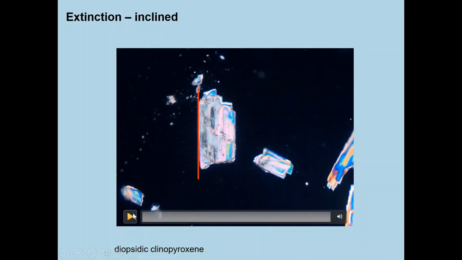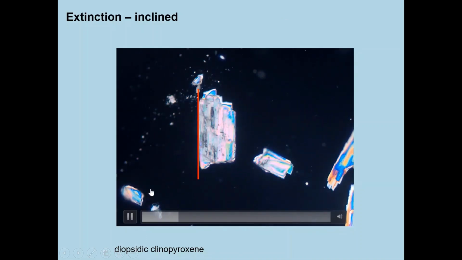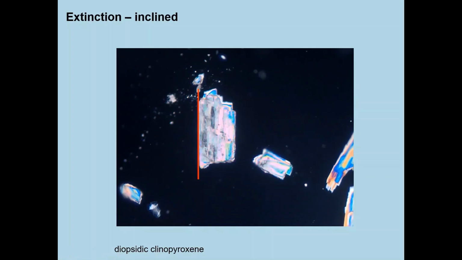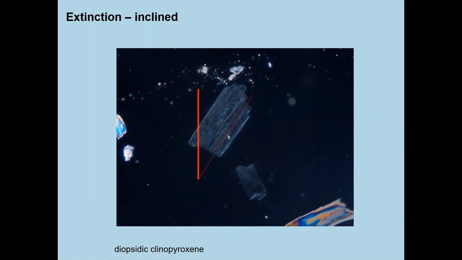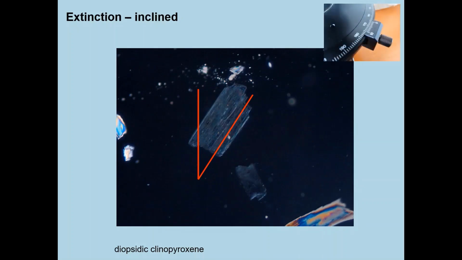Instead, the mineral has an extinction position oriented in a certain angle to the north-south axis. This is called an inclined extinction. You can read the extinction angle using the nonius, which should be attached to your microscope table. In this grain, this angle is rather large, around 35 degrees, which is typical for clinopyroxenes.